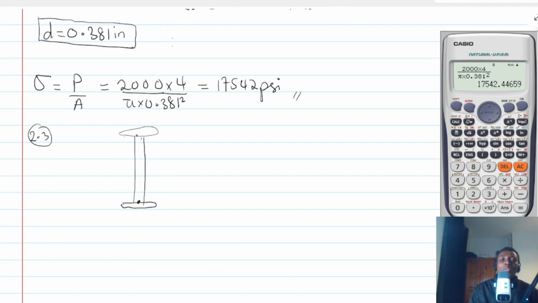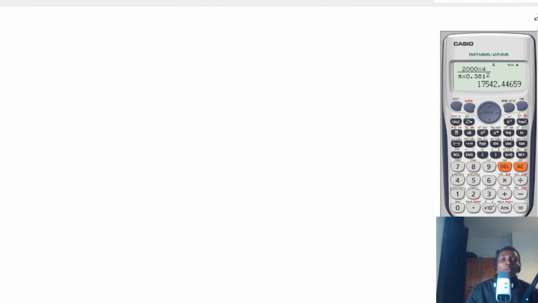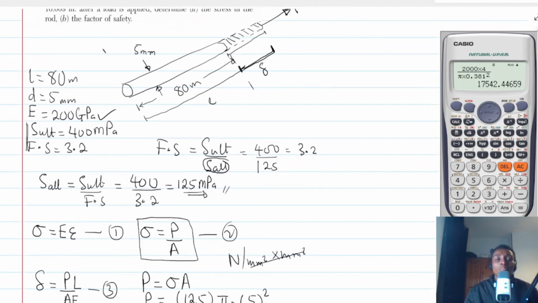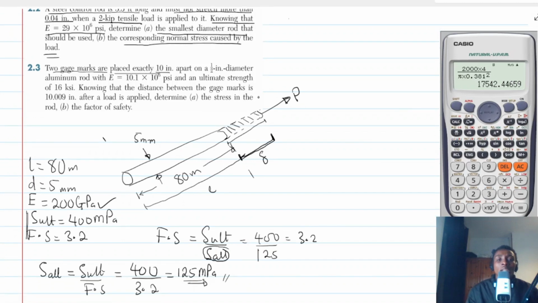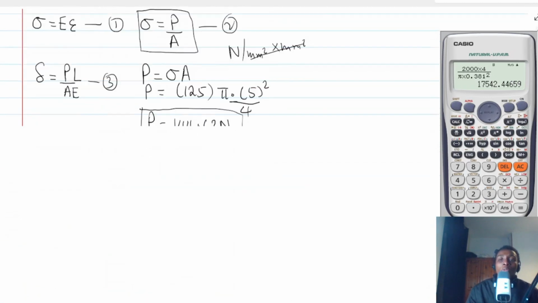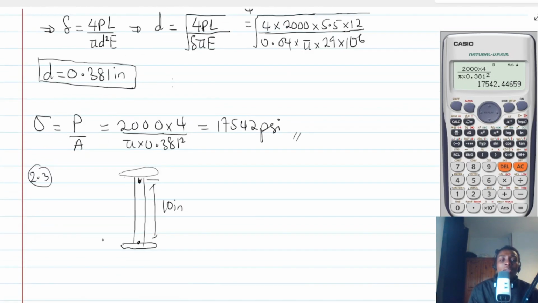So that is sort of the length, which is 10 inches. And then the question says it is a 1/2 inch diameter aluminum rod. So the length is 10 inch, the diameter is 1/2 inch.